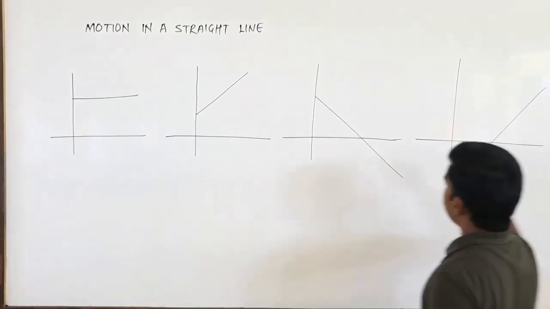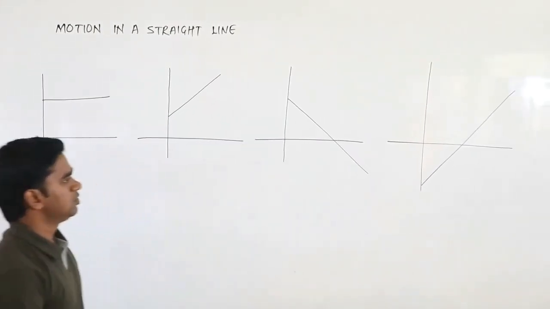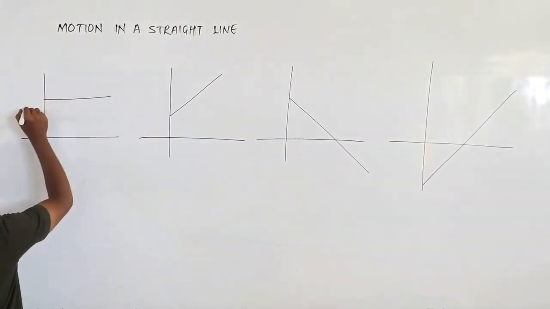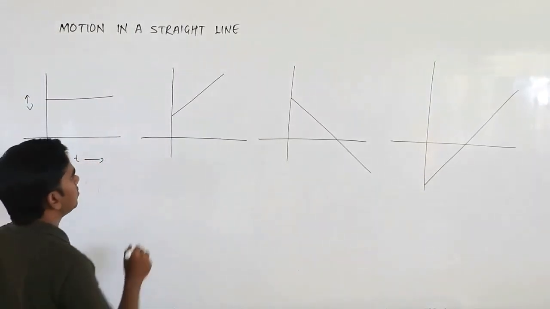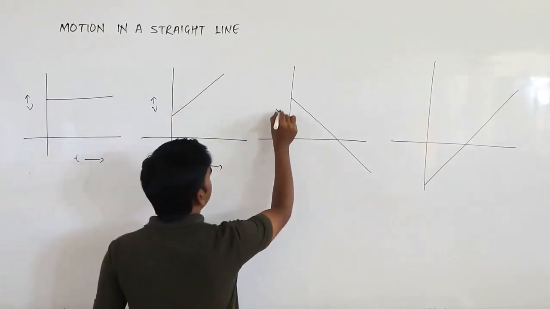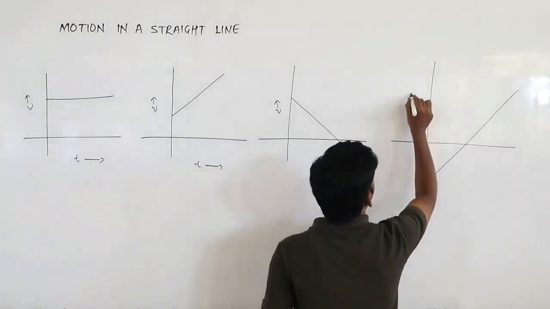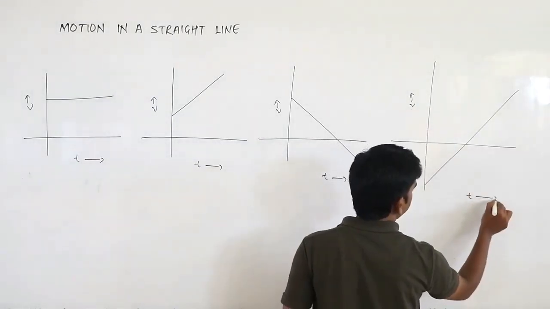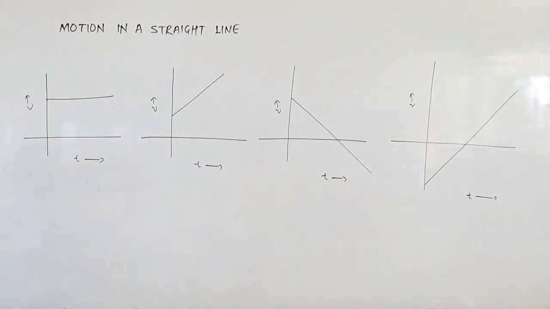Okay. So these are a few graphs. What is the graph? It is V versus T. Velocity time graph. Okay. So now describe these graphs.